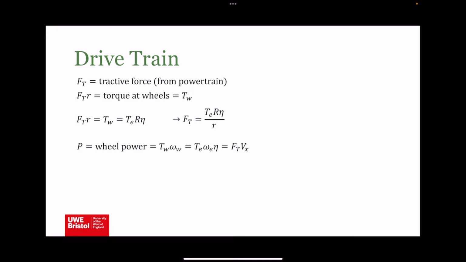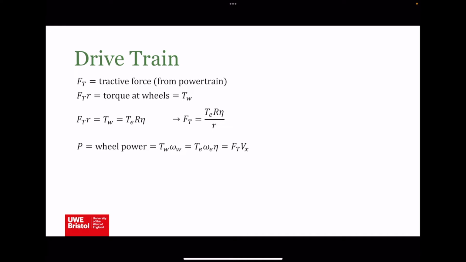Now power. We've got tractive force in terms of torque of the engine. Power at the wheel is the torque of the wheel times the speed of the wheel. Power is force times velocity, but in a rotational sense that's torque times angular velocity. TW is TE times the gear ratio times mu, so that's in here.